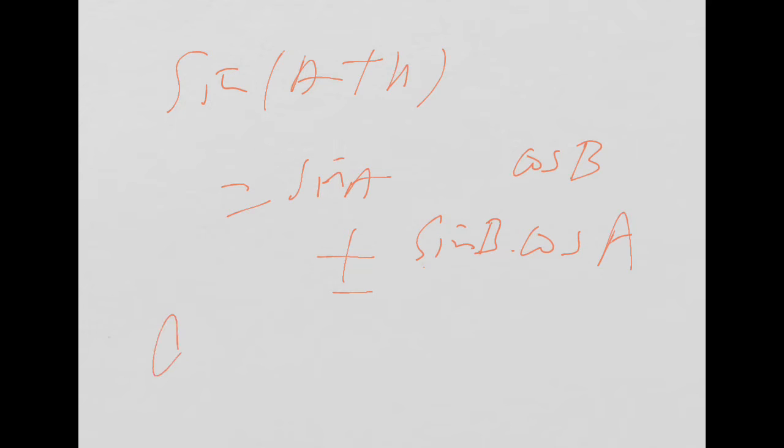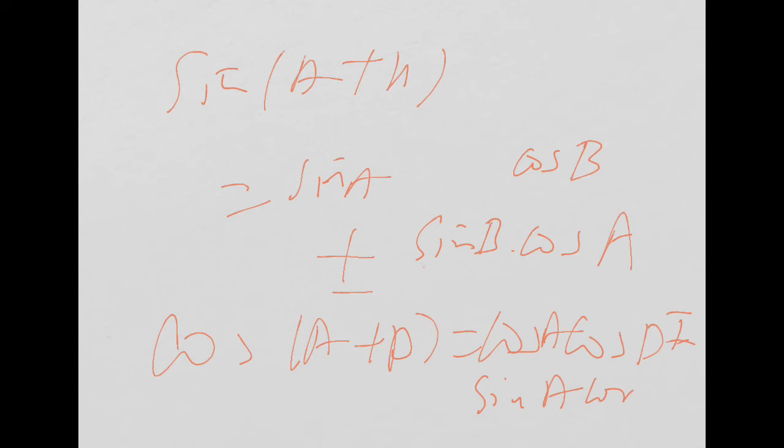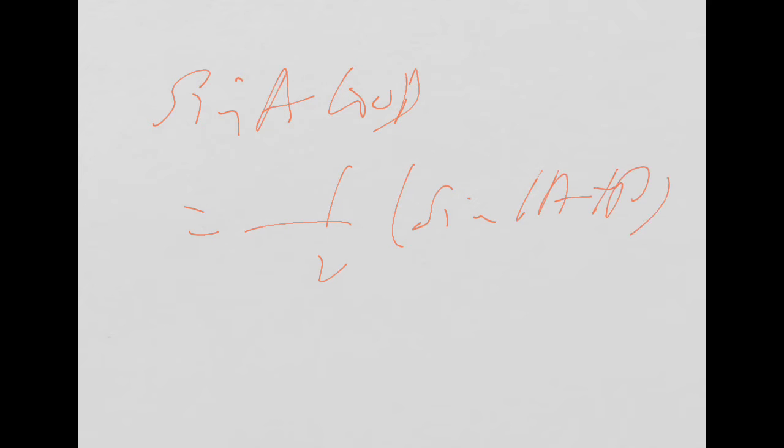Alright, so cosine (a plus b) becomes cosine cosine minus sine sine. Cosine reverses the sign, plus and minus. So just memorize this, because after that you will encounter sine A times cosine B, and it will split into two terms: one half of sine (A plus B) plus sine (A minus B).